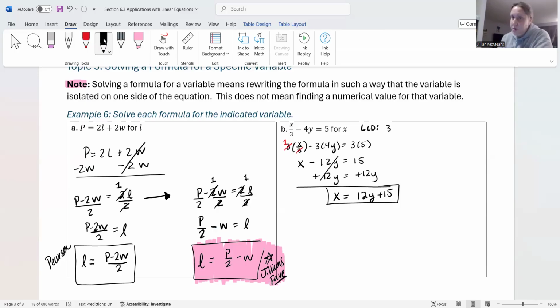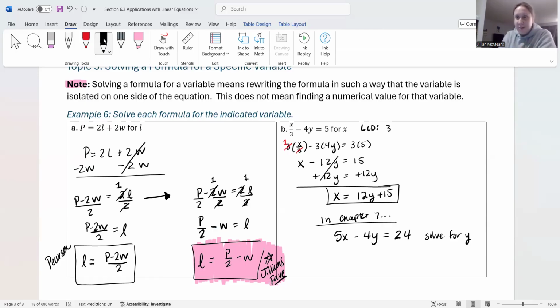Now, I do want to just do kind of like an extra little problem here. In chapter 7, you could have something like 5x minus 4y equals, I don't know, 24. Okay. And typically what we do there is we solve for y. This is a linear equation in two variables.